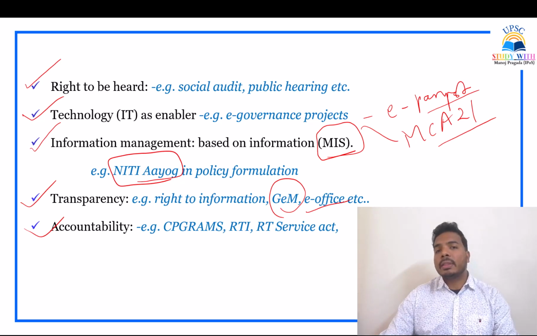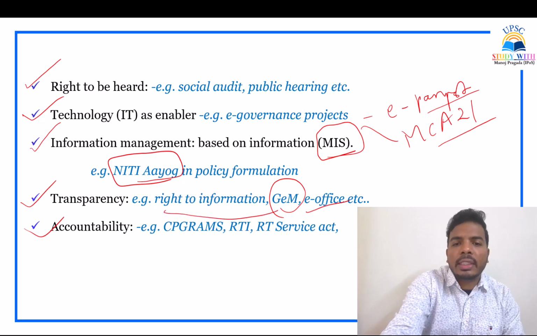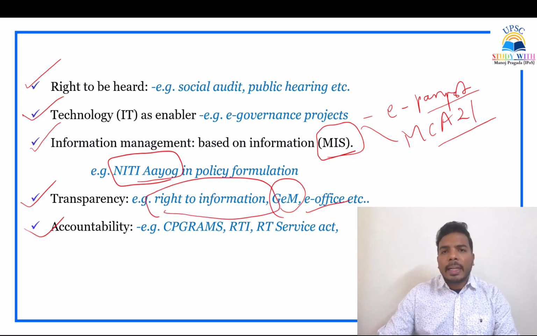But with e-office, all your decisions and all your file notings will be there, digitally recorded. And if the public asks for those file notings under RTI, the government should give them. The public will scrutinize your decisions, your file notings, your observations, your comments in those files.